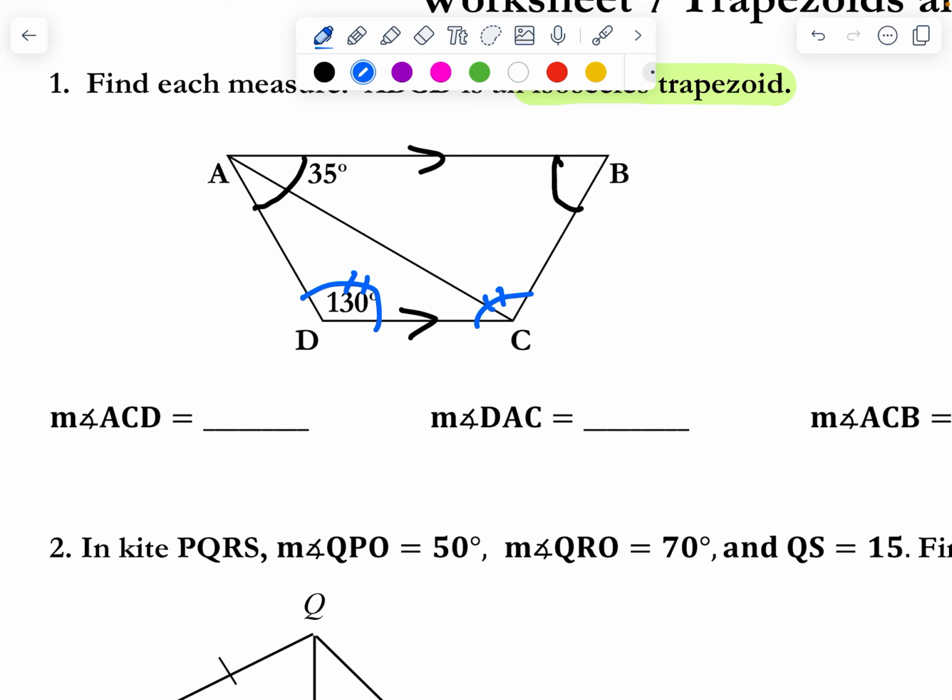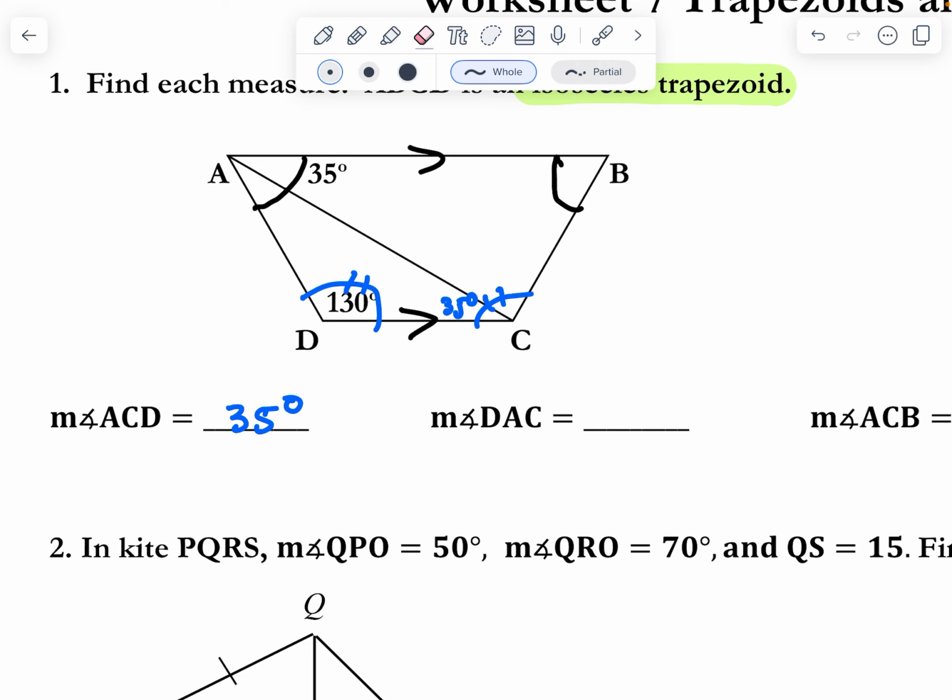Alternate interior angles are congruent. So I found right away ACD. ACD is 35 degrees. And again, that is only true because these here are parallel and this is a transversal here. All right, so we found ACD.